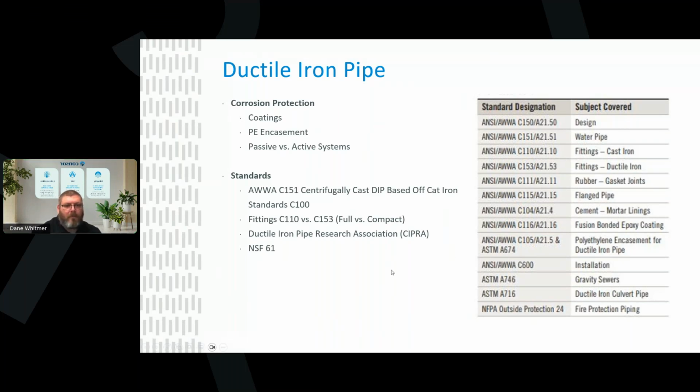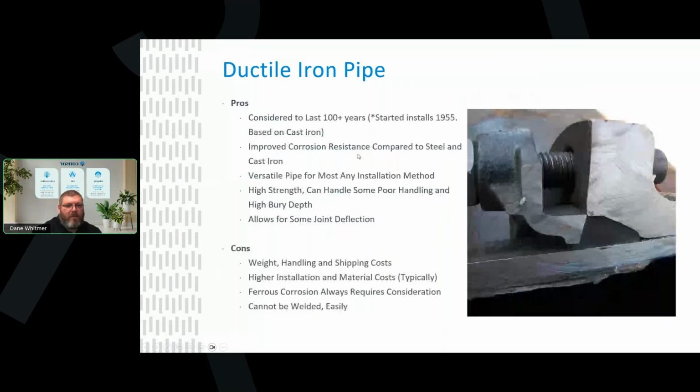So a little bit of pros and cons. Ductile iron is considered to last about 100-plus years, but we really didn't start installing ductile iron until about the 1950s. A lot of these statements you might hear from manufacturers, oh yeah, this pipe is going to last 100 years, this pipe is going to last 50 years, a lot of times it doesn't line up with when the pipe was started.